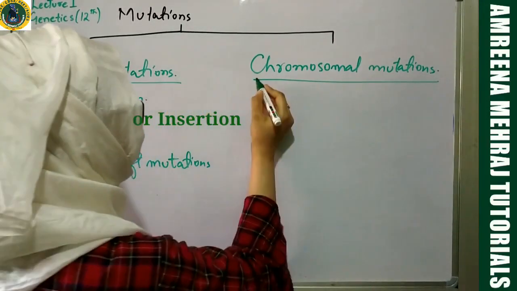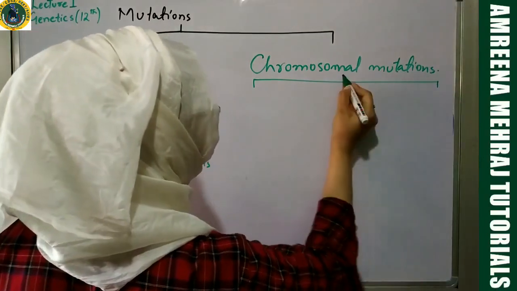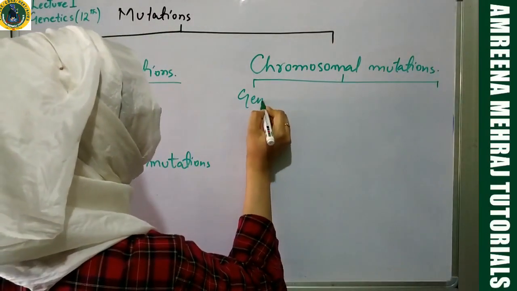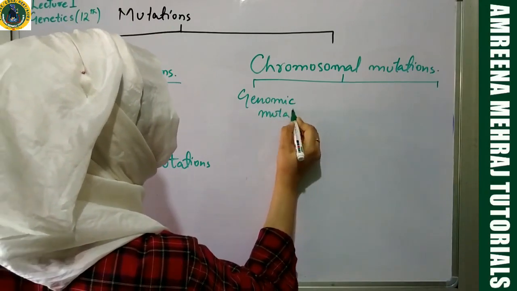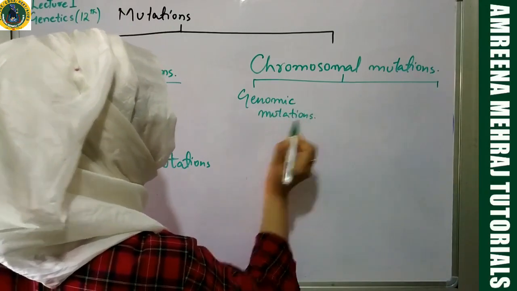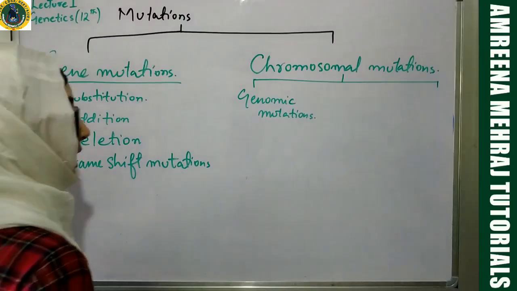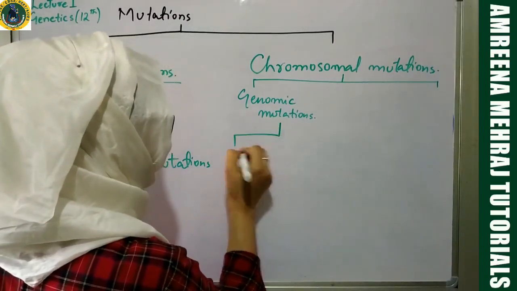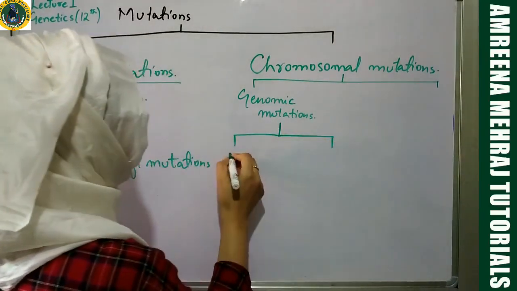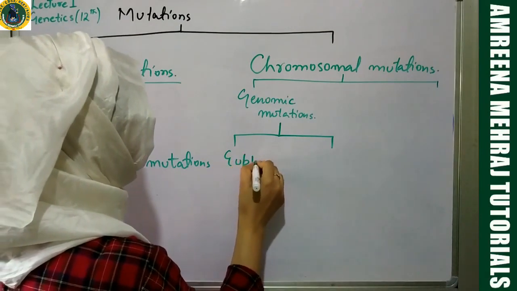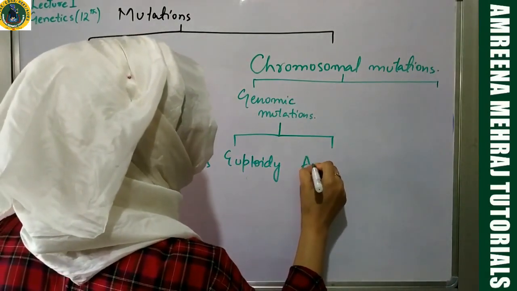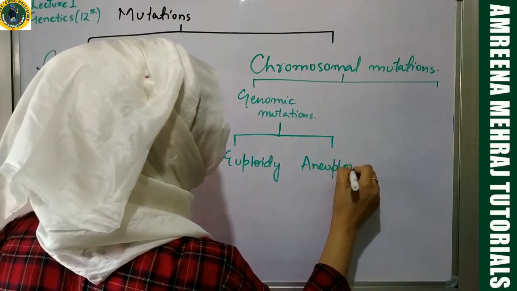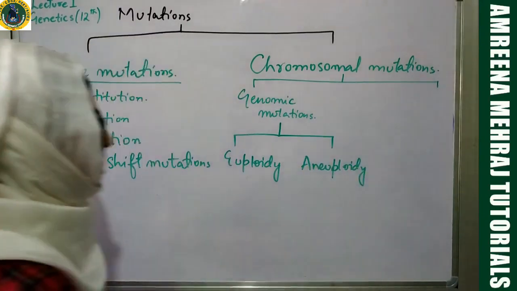As far as chromosomal mutations are concerned, over here we have to discuss genomic mutations, which are of further two types. Number one, you have euploidy and aneuploidy. Okay, we'll discuss both inshallah.